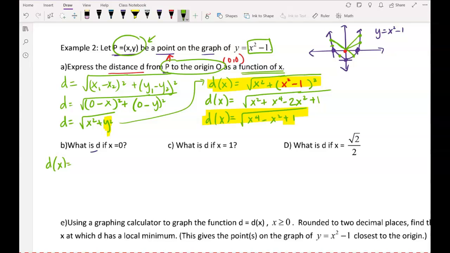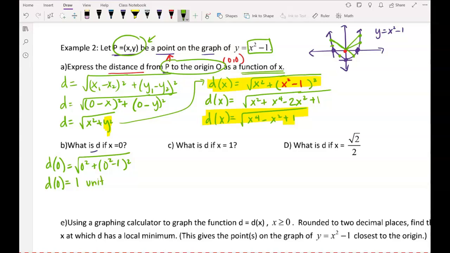I'm just going to use the first one, okay? When x is 0, that's 0 squared plus (0 squared minus 1) squared. So as you can see, it comes out to be 1. You should plug in 0 here. The d of 0 equals 1 unit.